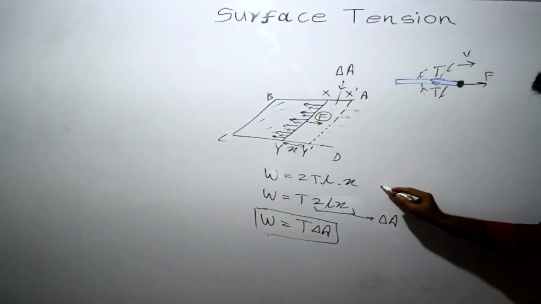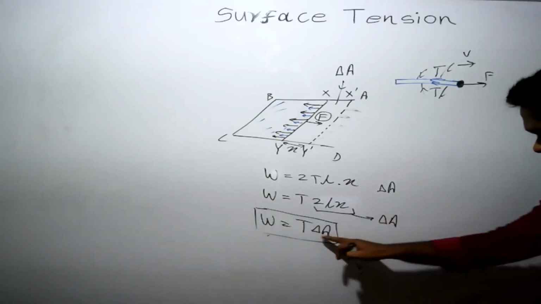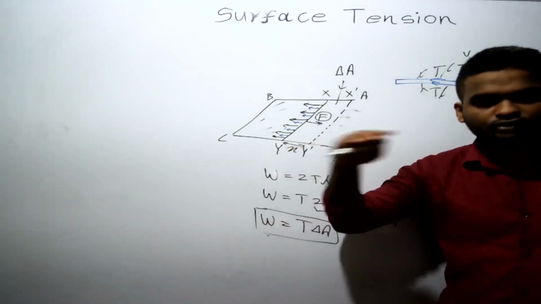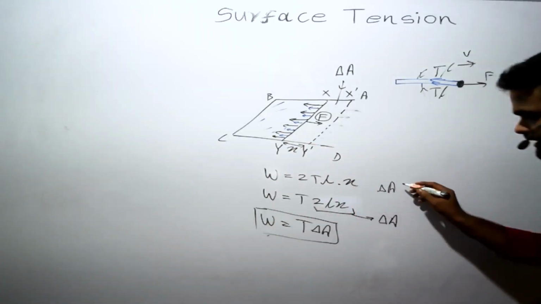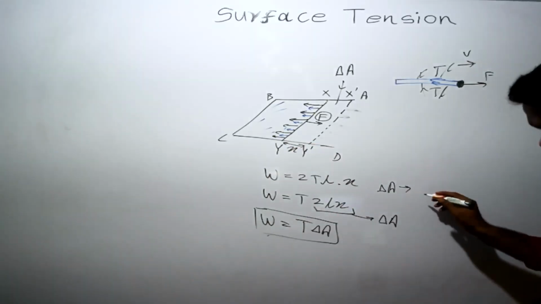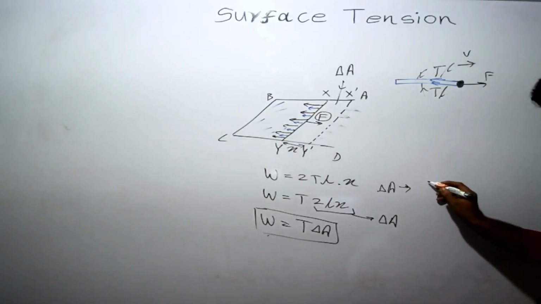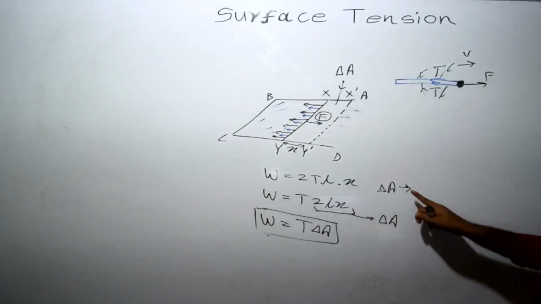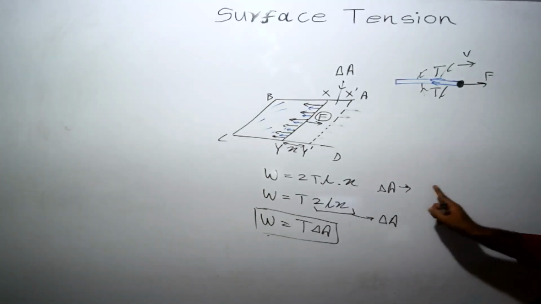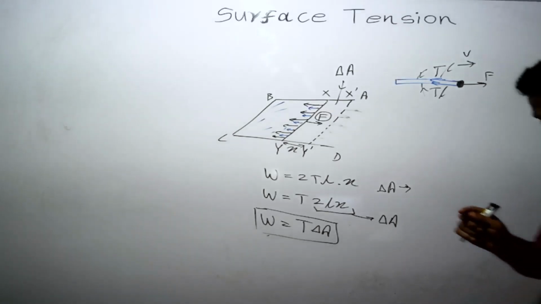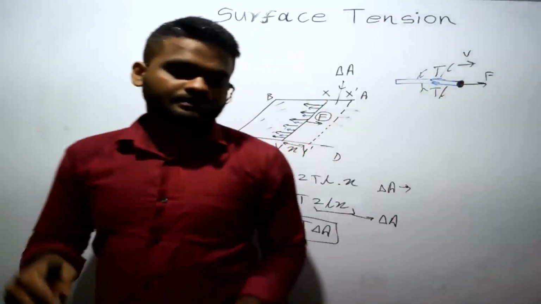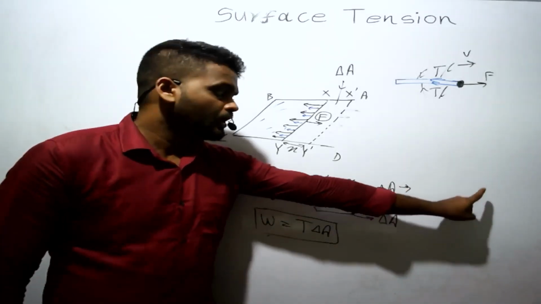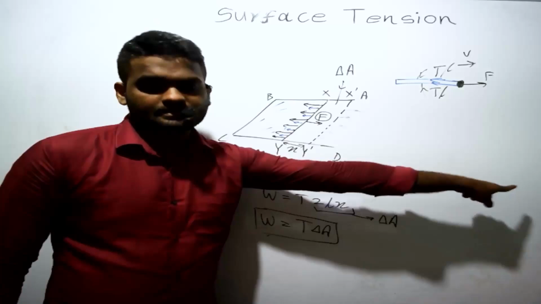Okay, so clearly you have to know what this delta A means, right? That is the total increase of area, both top plus bottom areas. Right here, delta A, change of area, actually it should be change of total area of free surfaces.